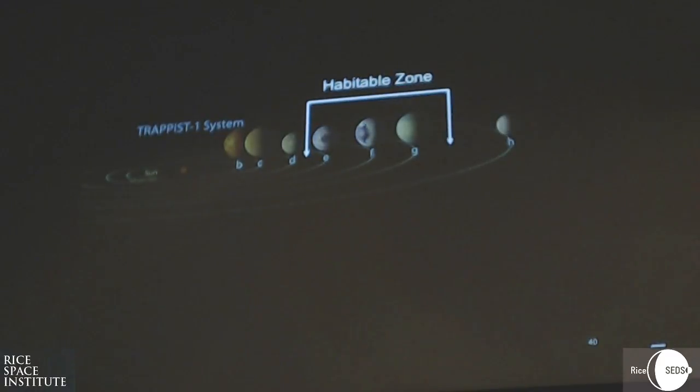This dwarf star is really active. It has huge coronal mass ejections, a significant solar wind, a lot of flares, and is hammering these planets.